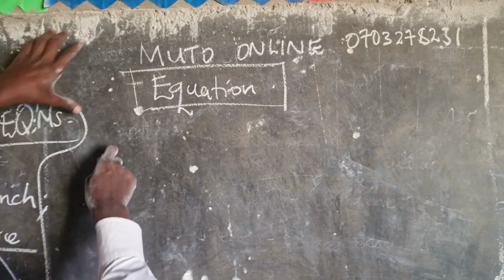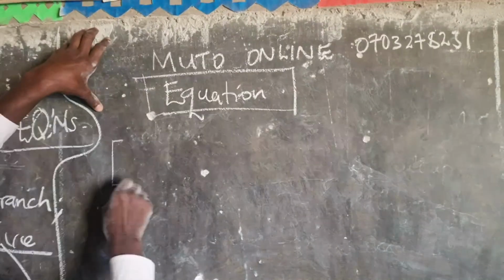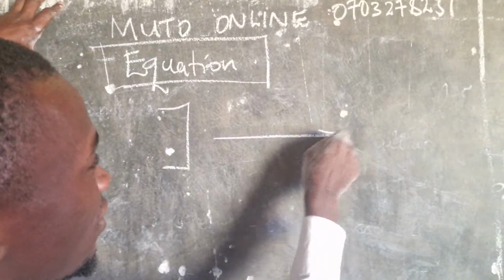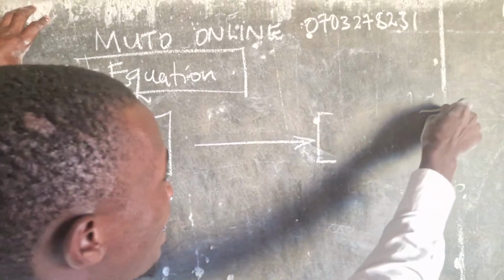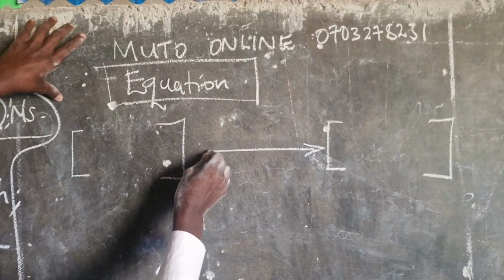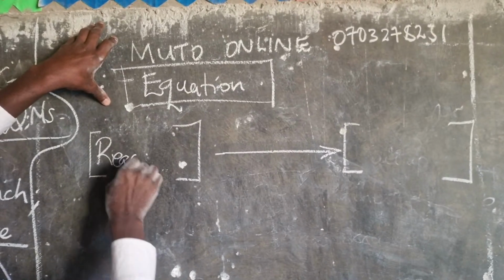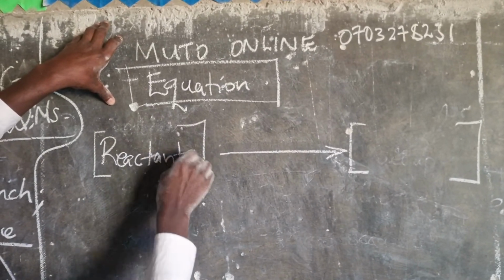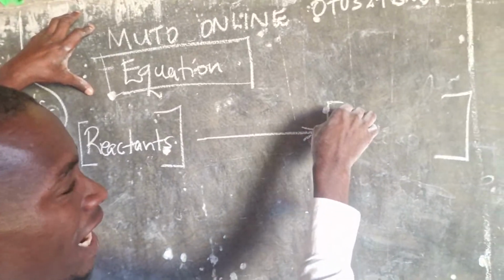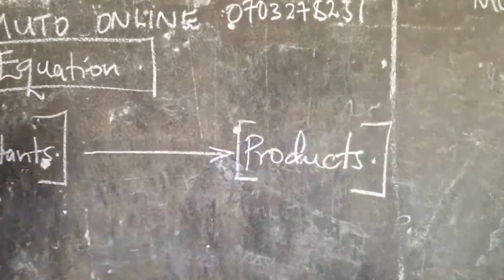So in an equation, we shall have something on the left-hand side under a certain condition getting something at the right-hand side. What will always be at the left-hand side will be known as reactants, and what will always be at the right-hand side will be the products or product.